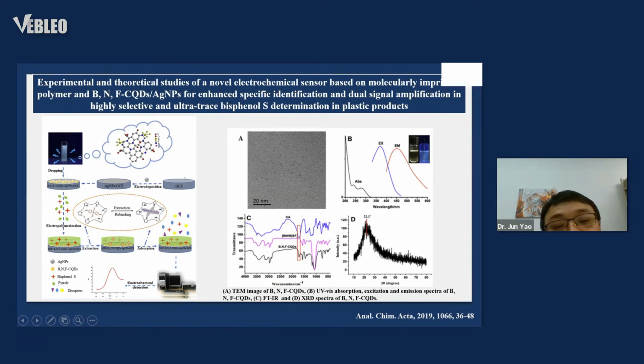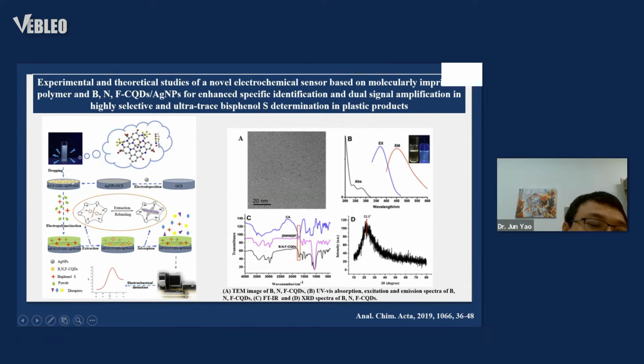We put the glassy carbon electrode in the silver nitrate solution to prepare silver nanoparticle modified GCE through electrodeposition.